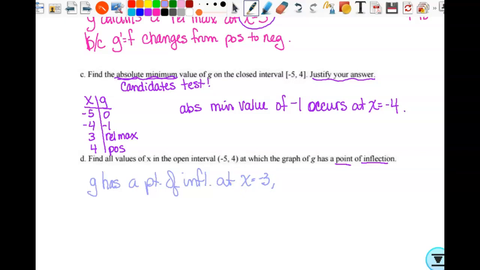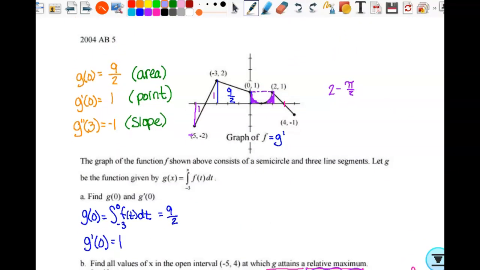At x equals 0, are we changing from increasing to decreasing? Okay, so look, I'm going along here. I'm decreasing, right? When I get here, I change, but I'm still decreasing, right? I start here, I start increasing, and then I start decreasing. So it's here and here.